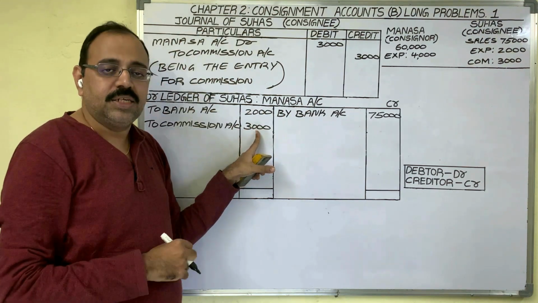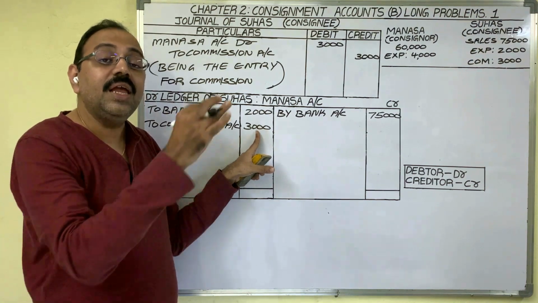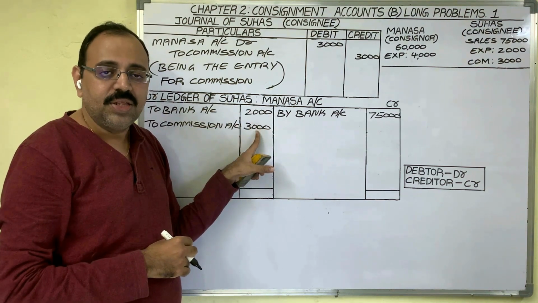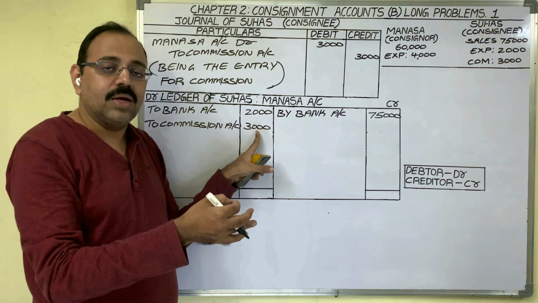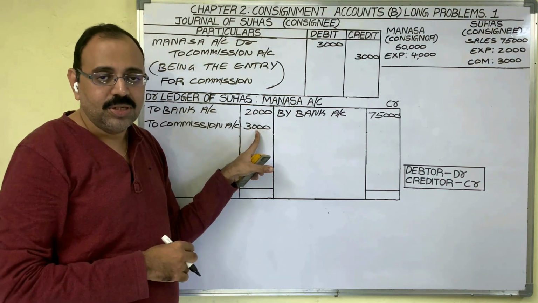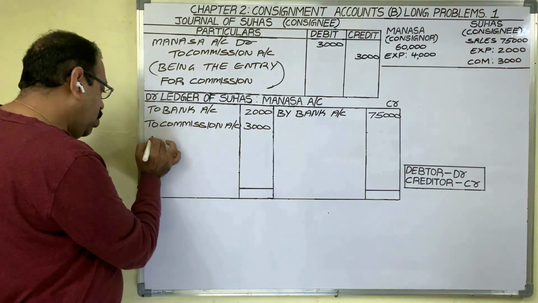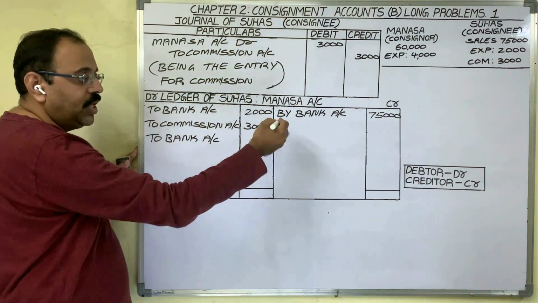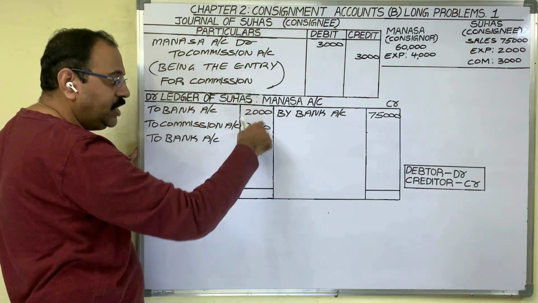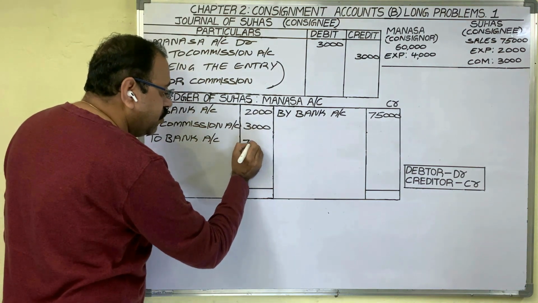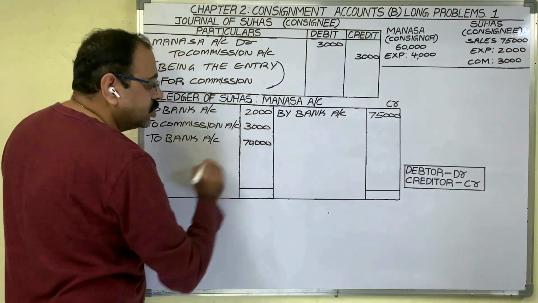And we paid it. How? By sending a demand draft. Therefore, through bank, we settle our account. So debit side, what we should write? To bank, difference amount 75,000 minus 5,000 is equal to 70,000.